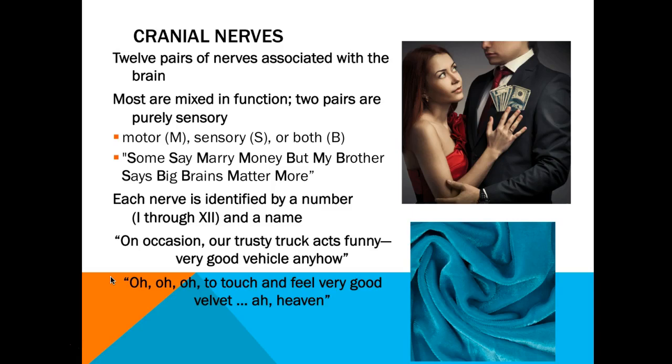So I know these don't make sense just yet, but as we go through all of the cranial nerves, you could come back to these mnemonics and utilize them if you'd like. There's also, I believe, over 50 different mnemonics on Wikipedia on how to memorize cranial nerves. So it's all about preference on what you want to use.